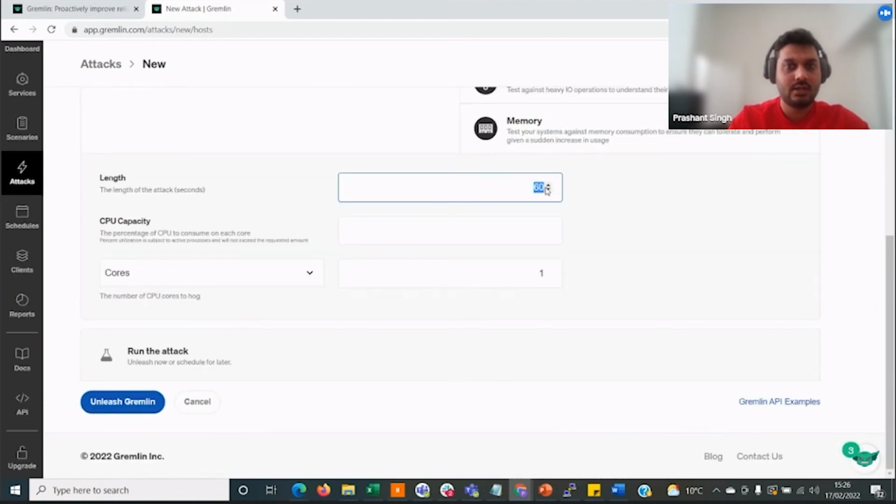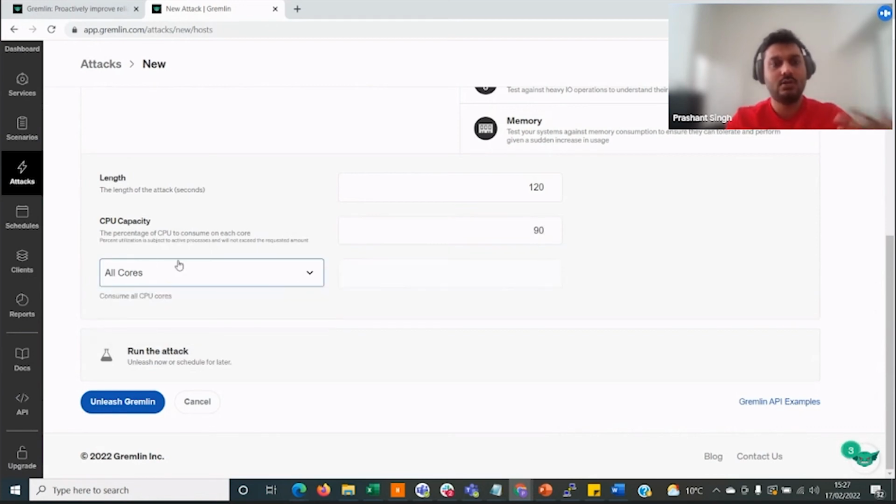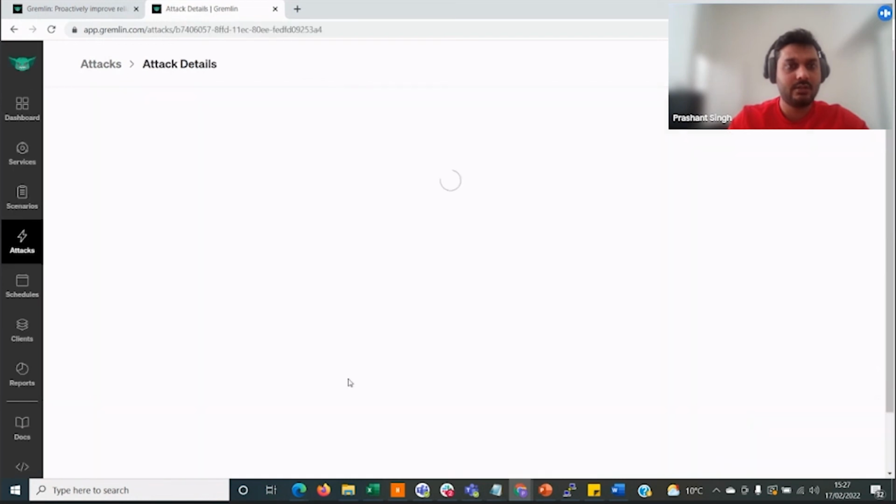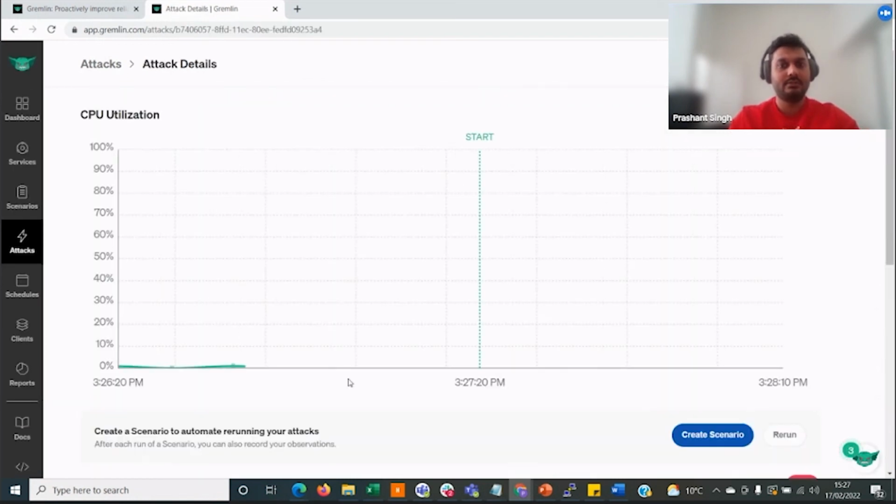Length of this attack, I'm going to put again 2 minutes. CPU capacity, I'm going to put 90% load. I want all cores to be spiked. And now I'm going to run the attack and unleash Gremlin. Let's see.